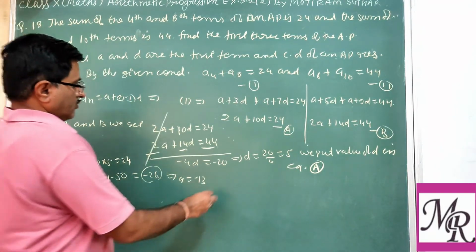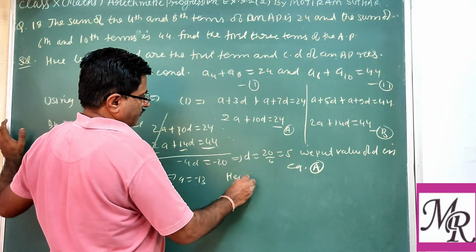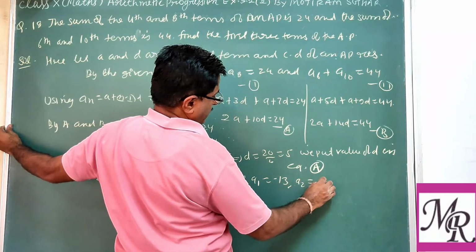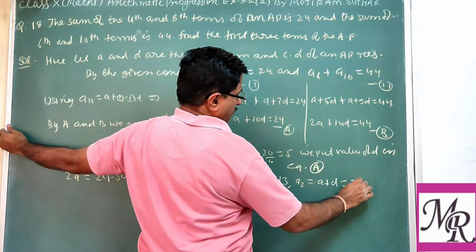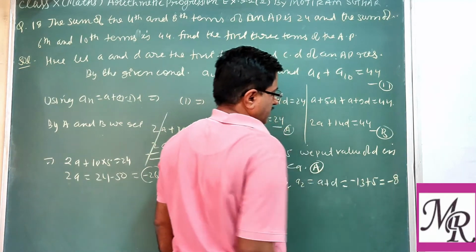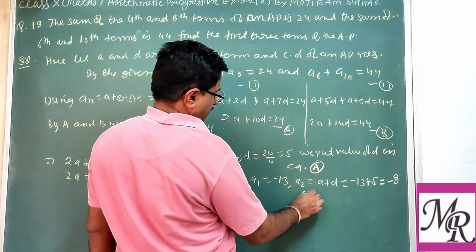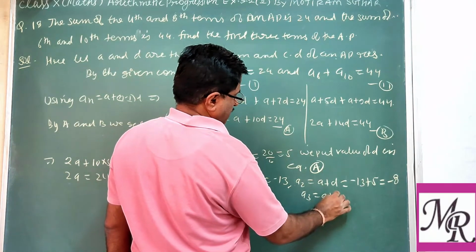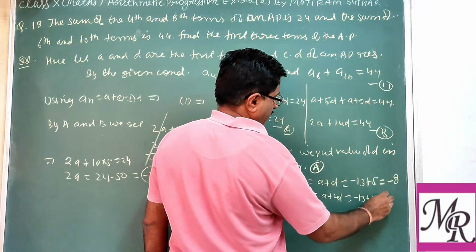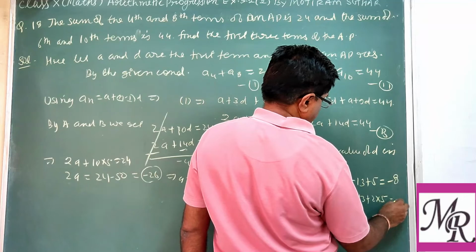So here the first term is minus 13, second term that is a plus d, minus 13 plus 5, minus 8, and third term a plus 2d, that is minus 13 plus 2 into 5, so 10, that is minus 3.